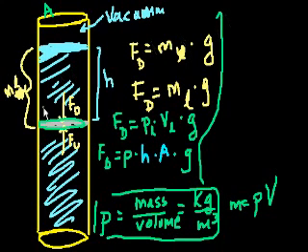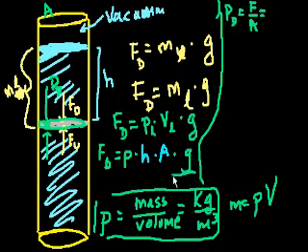So the pressure coming down, so that's P sub D. Almost sounds like a rapper's name. P sub D, the downward pressure at that point, is going to be equal to, and keep in mind, that's going to be the same thing as the upward pressure, right? Because the upward force is the same, and the area, when you're going upwards or downwards, is going to be the same thing. So the downward pressure is equal to the downward force divided by area, which is equal to this expression divided by area.